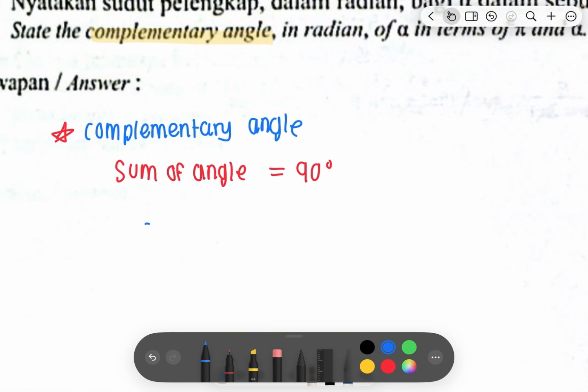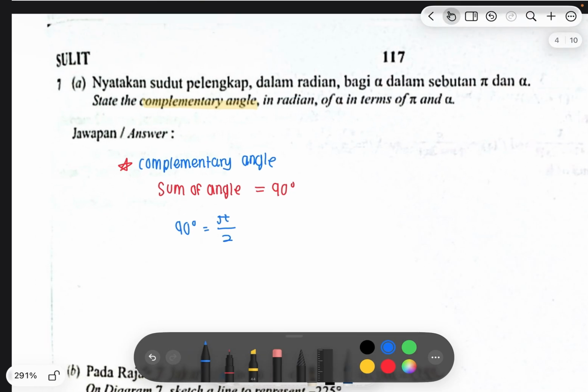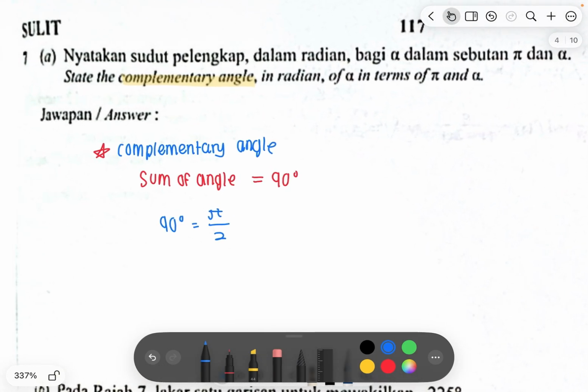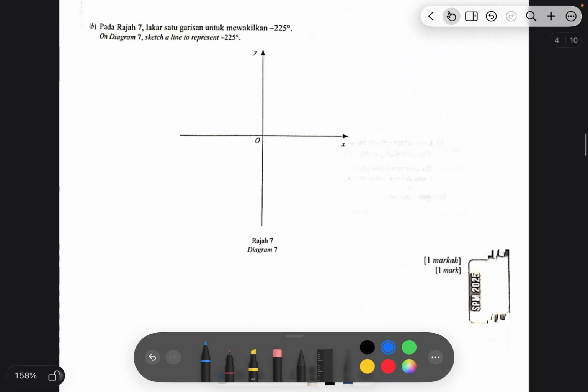But 90 degrees, if I convert it to radian, I need my calculator. It's equal to pi over 2 in radian of A. I'm not sure where they get this answer, pi over 2 minus A, but I'll find out soon enough.